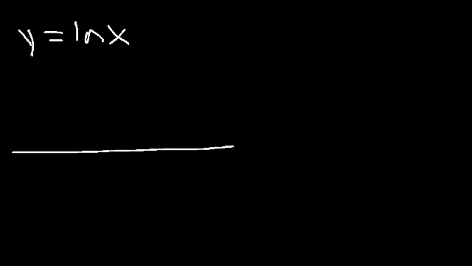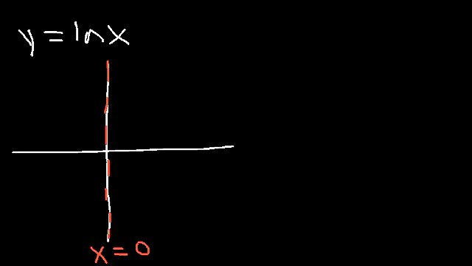Now the next one we're going to go over is the natural log function. It turns out that the natural log function is the inverse function of an exponential function. The natural log function has a vertical asymptote at x equals 0.